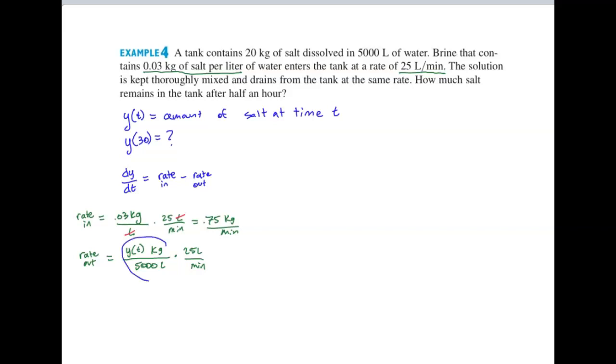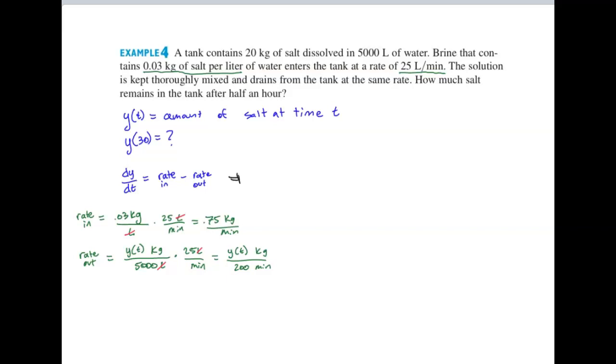It has basically that potency, y of t over 5,000 liters. And then it travels out at 25 liters per minute. And so if, again, we do a unit analysis, we end up in kilograms per minute out. Now 25 into 5,000, that'll reduce to 200. So this is y of t kilograms per 200 minutes. So that's the flow rate out.